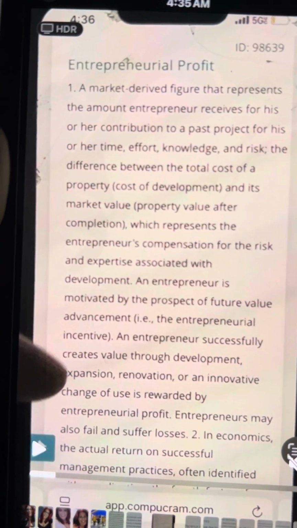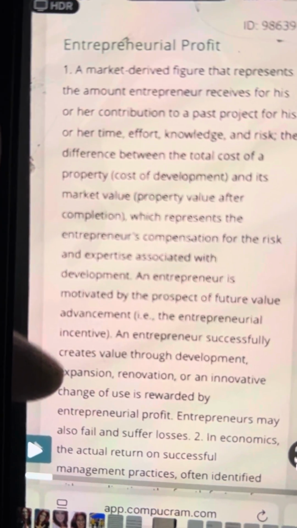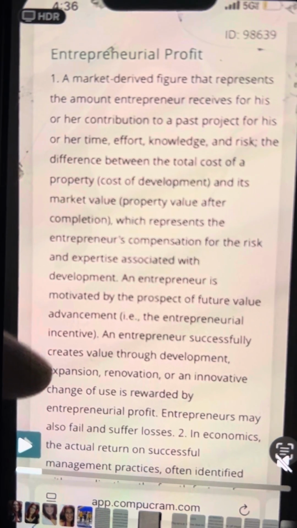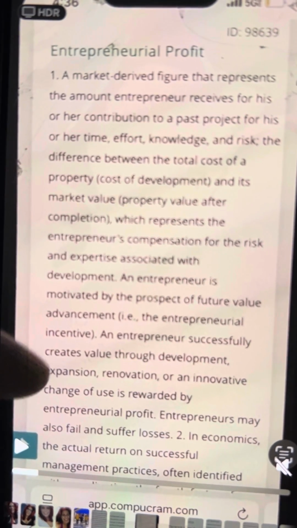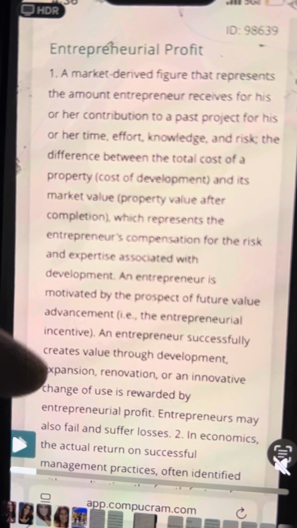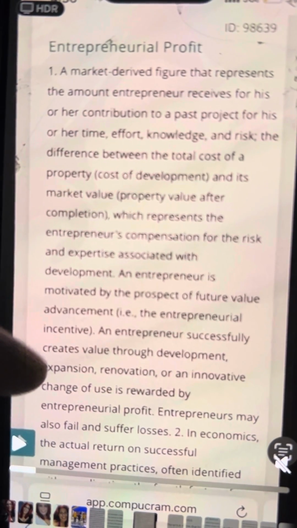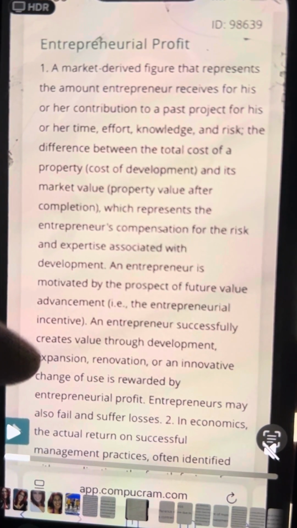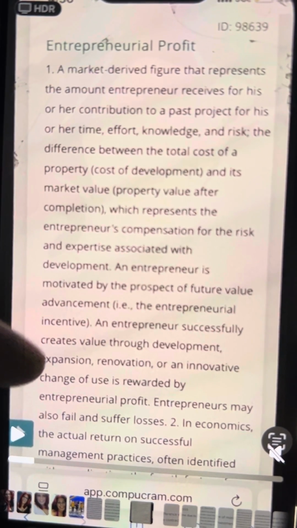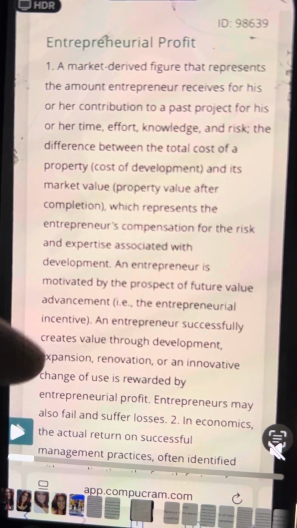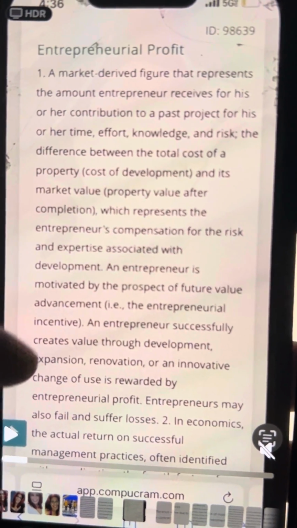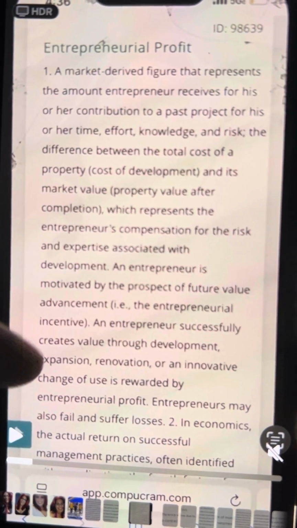Number 3. Number 1. A market-derived figure that represents the amount an entrepreneur receives for his or her contribution to a past project, for his or her time, effort, knowledge, and risk.